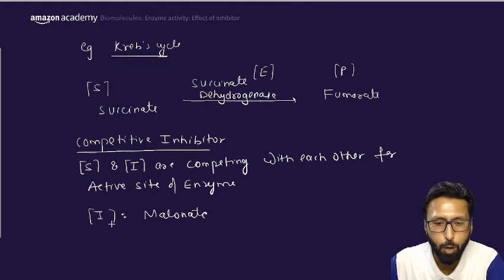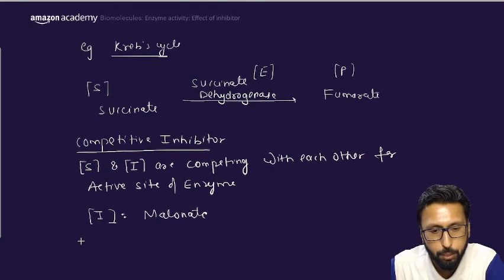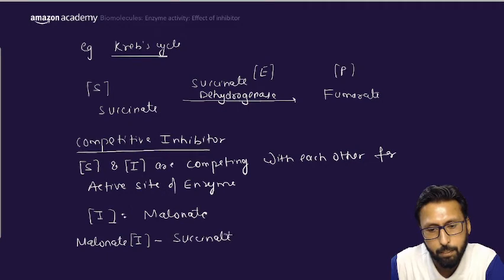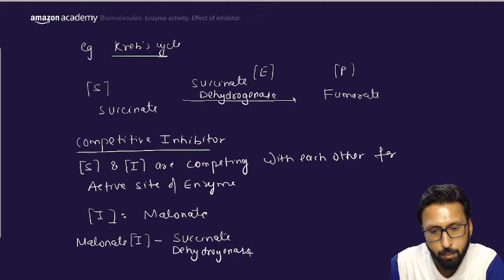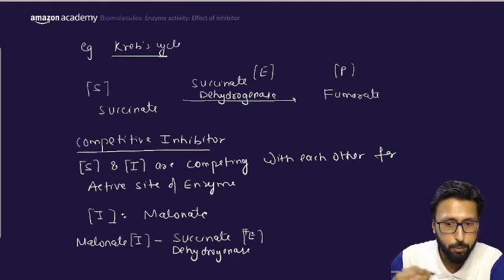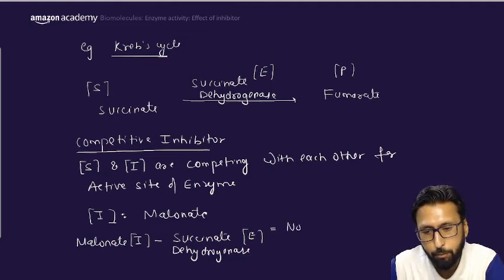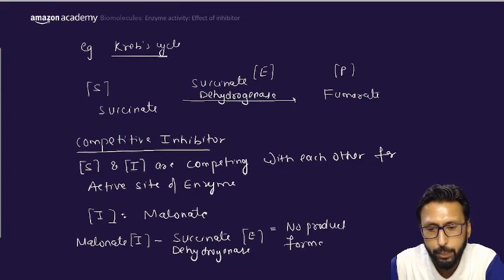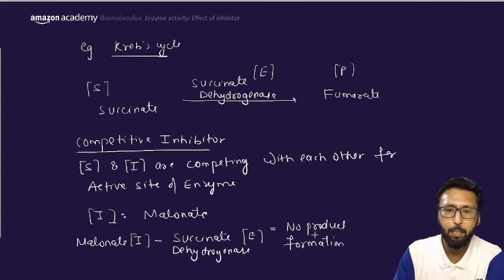So instead of succinate, malonate is going to bind with the enzyme. This malonate is the inhibitor, it binds with the enzyme, which is succinate dehydrogenase. So when the inhibitor binds with the enzyme instead of the substrate, there will be no product formation. So we can say the activity of the enzyme is inhibited by competitive inhibition.